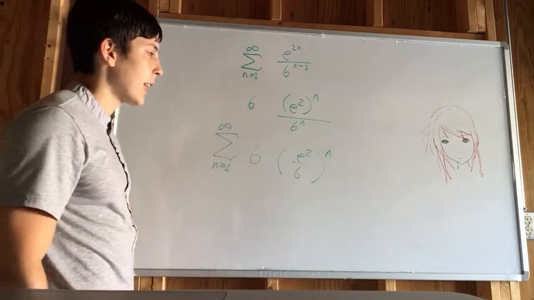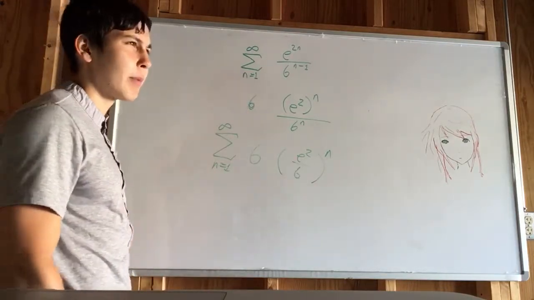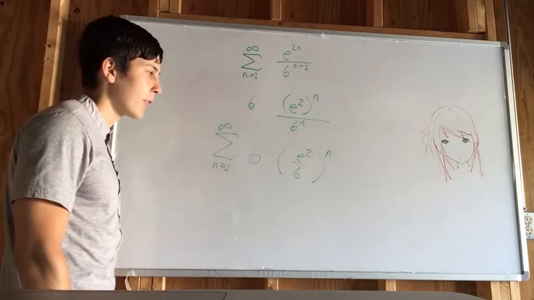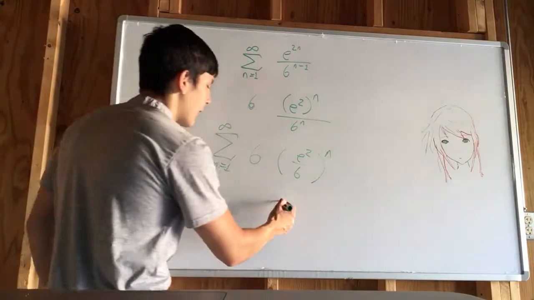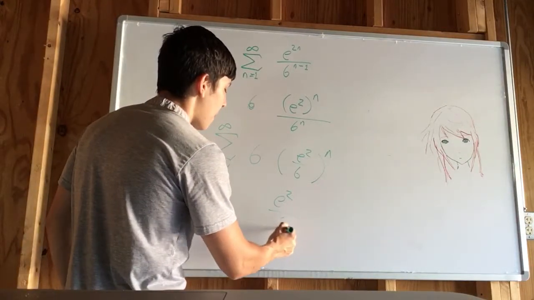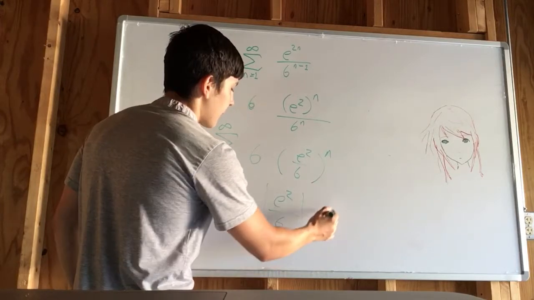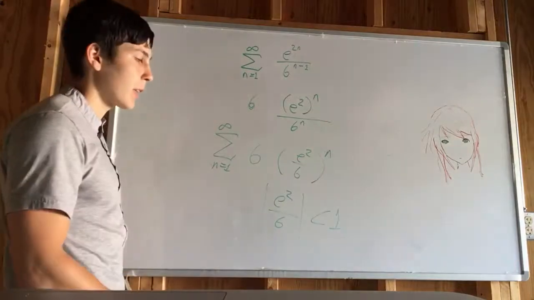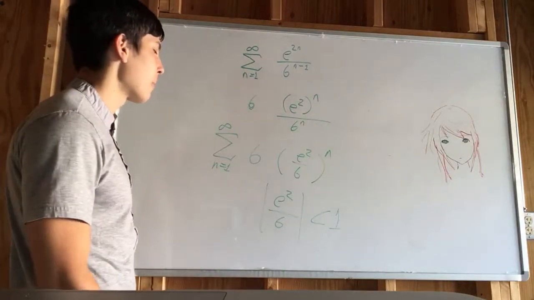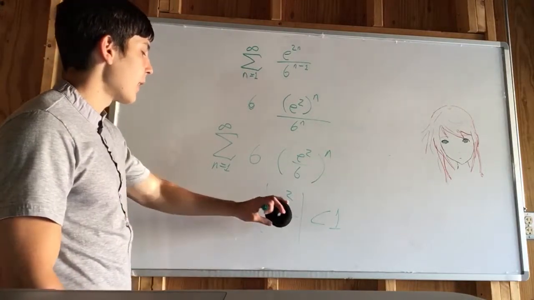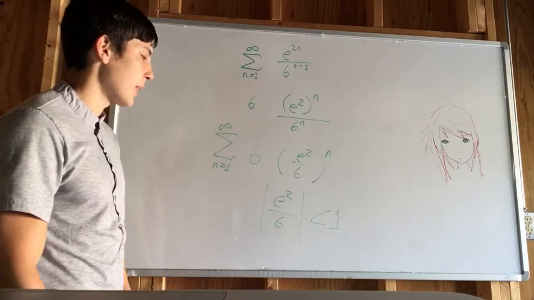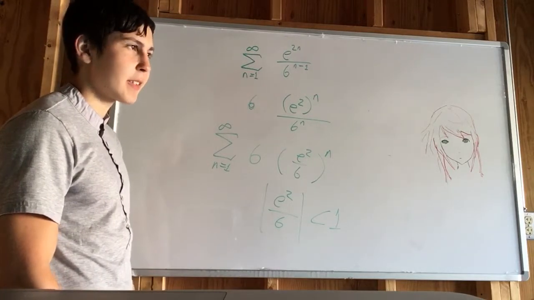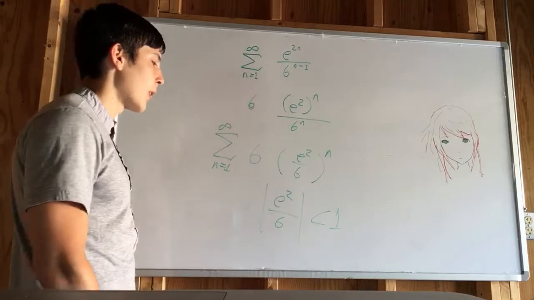But all of that doesn't even matter. We're looking for our common ratio. How do we find out if this converges or diverges? If the absolute value of this is less than 1, it's going to converge. If it's greater than or equal to 1, it's going to diverge. In our case, this is greater than 1. e squared over 6, plug that into your calculator, it's greater than 1.